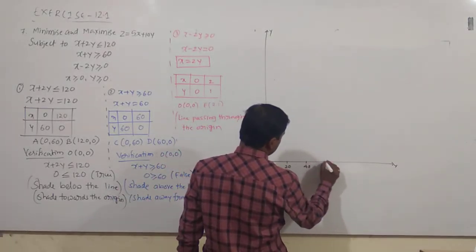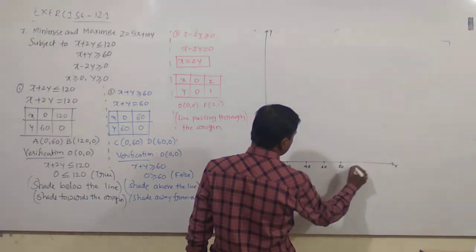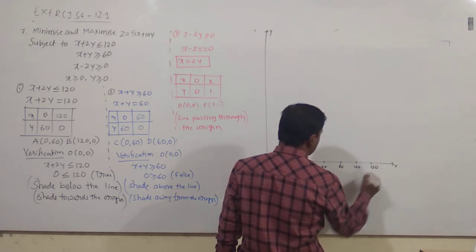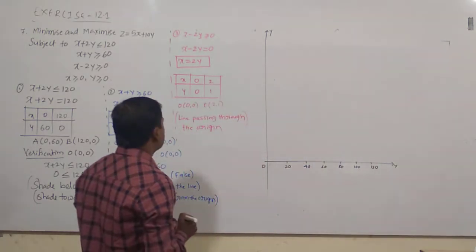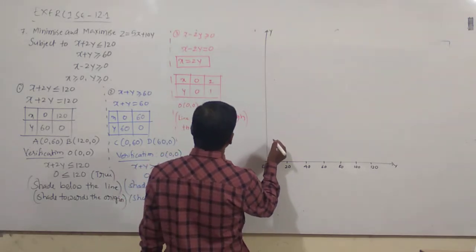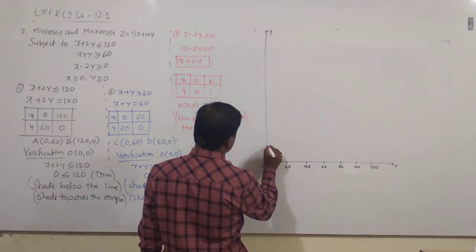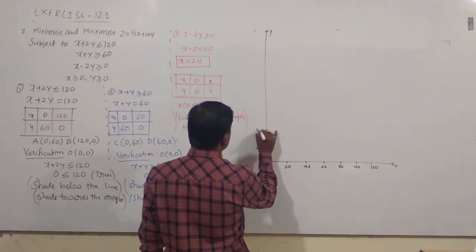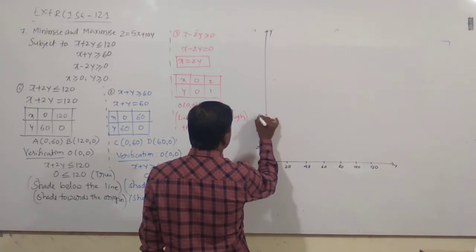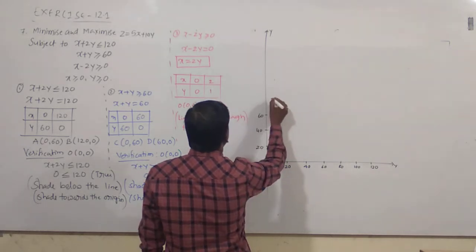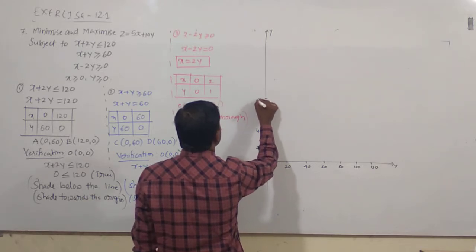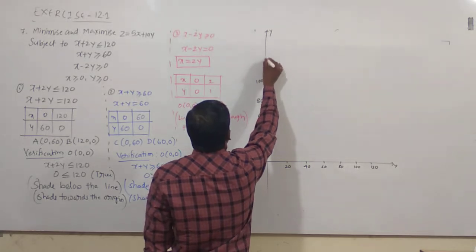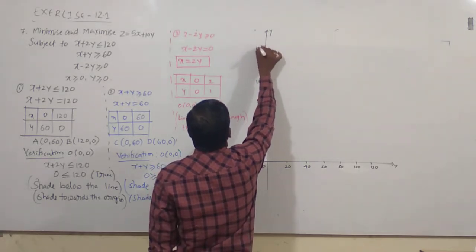Along one axis I will take 20, 40, 60, 80, 100, and 120. Along the other, 20, 40, 60, 80, 100, 120 and 140.